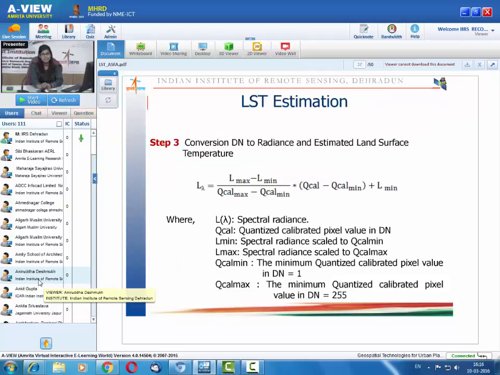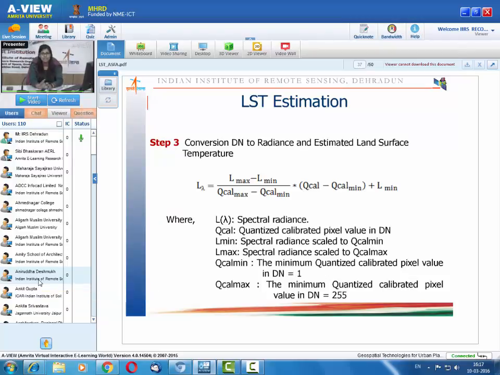The third step in land surface temperature estimation is conversion of DN to radiance. Now DN to radiance can be converted with the help of several parameters that are given in the metadata file of the data that you download. For example, if you are downloading Landsat 5 data, along with all the bands a metadata file comes.